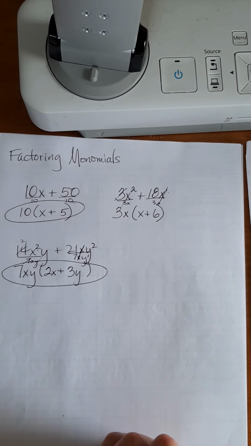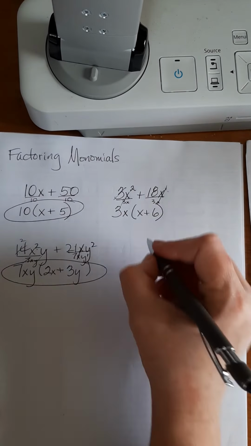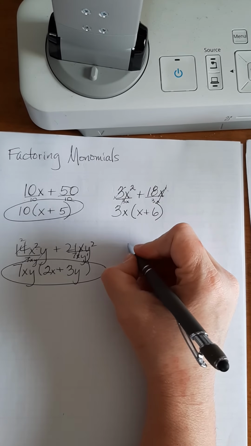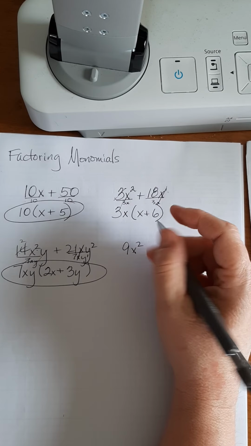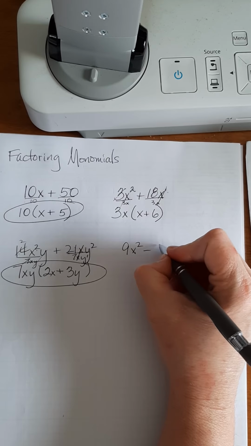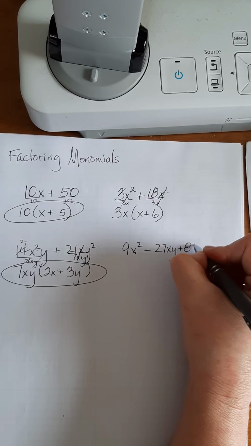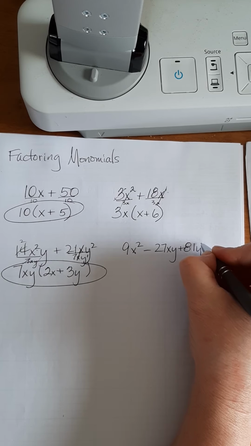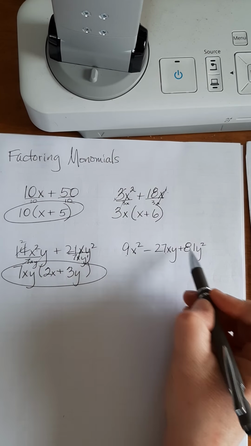Now it can have more than that in variables, and it can even get to 3 terms. Like let's say if I had 9x squared minus 27xy plus 81y squared. Well, notice how in this one, look at the numbers, 9, 27, and 81.